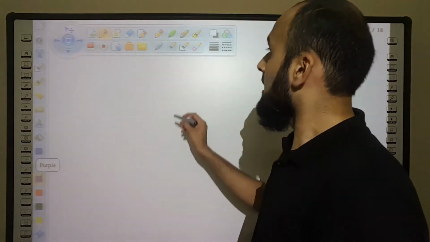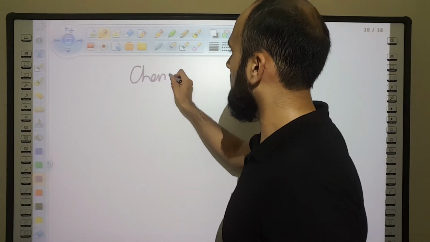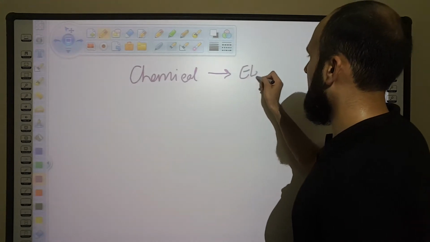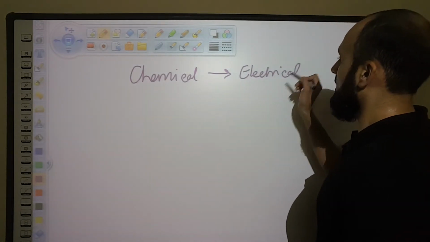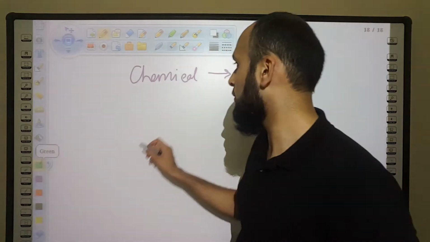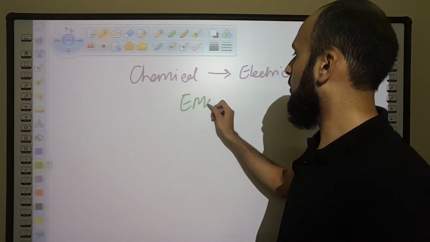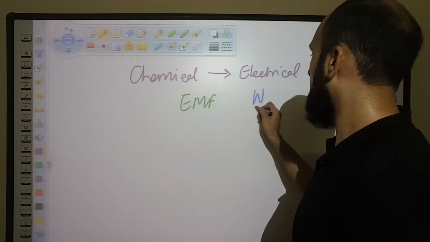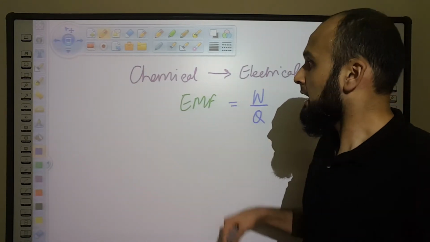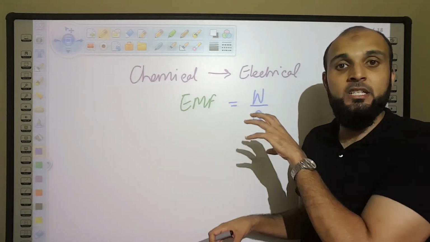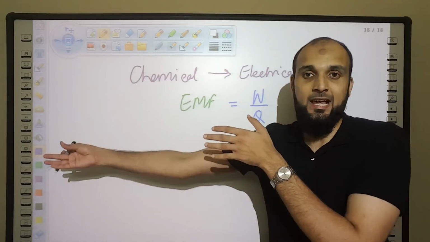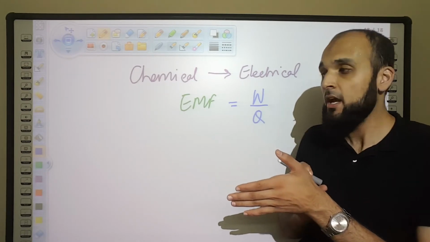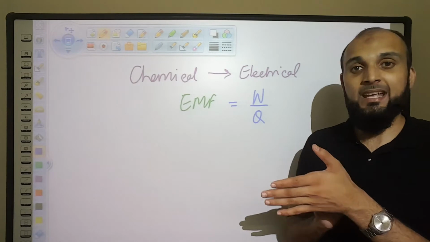So what happens is that some of the chemical energy that is converted into electrical energy, so some of the electromotive force or some of that work done per coulomb of charge is consumed. Some of that energy is consumed just to push electrons from one end of the terminal across to the other end, right? So from the positive to the negative end.